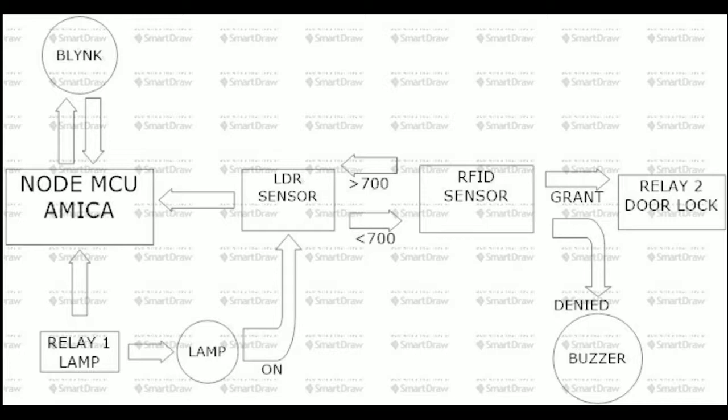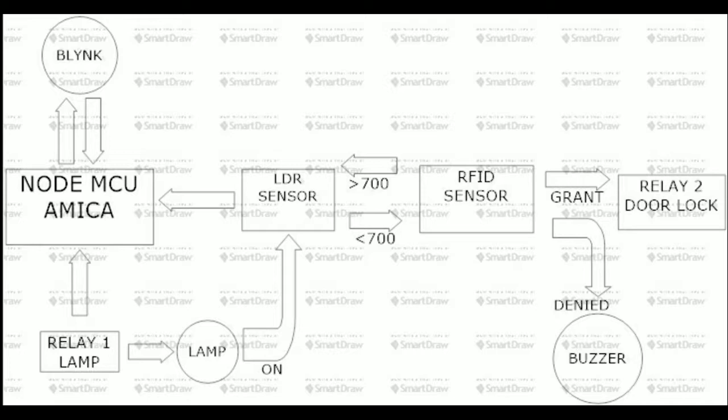So these are the two arrows. The first arrow is when the light intensity is higher than 700, the arrow goes back to the LDR sensor. And when the light is lower than 700, the RFID sensor can be used. Next, when RFID is activated, we tap the RFID card, and when it's granted, relay 2 will be on and the door will be unlocked.